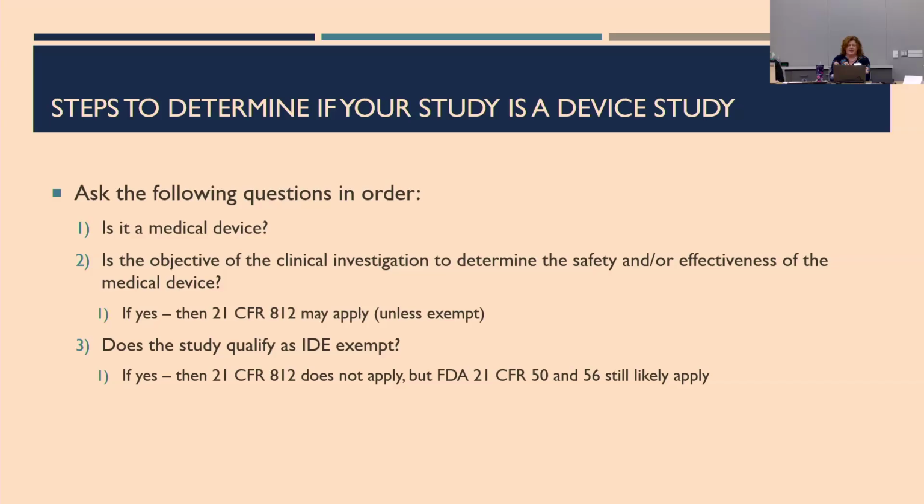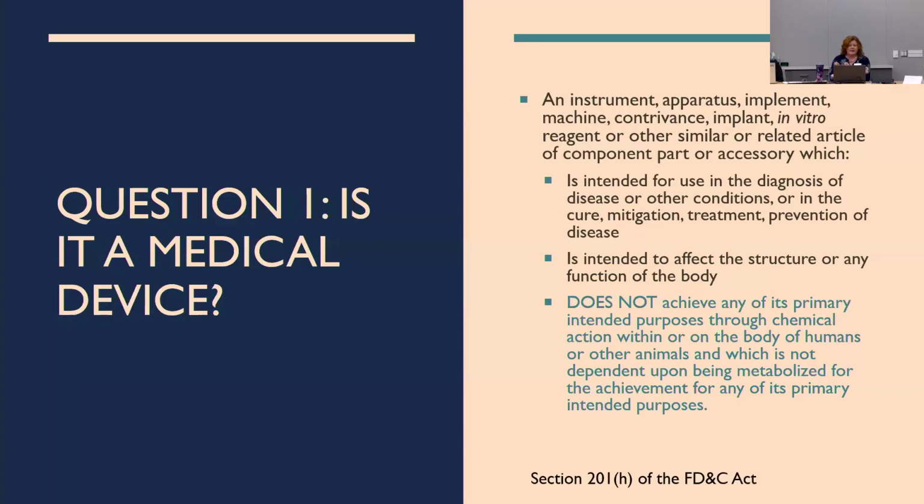So let's dive into that a little bit deeper. First question, is it a medical device? I have here what the definition is according to the Food, Drug, and Cosmetic Act. If we start at the top, it's an instrument, apparatus, implement, a thing, right, that is intended for use in the diagnosis of disease or other conditions, or in the cure, mitigation, treatment, or prevention of disease.